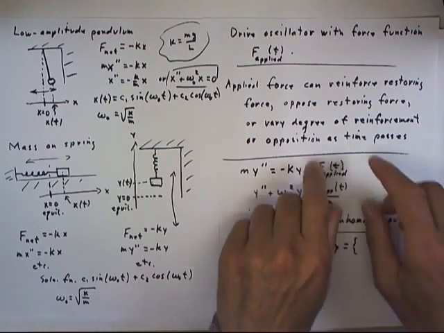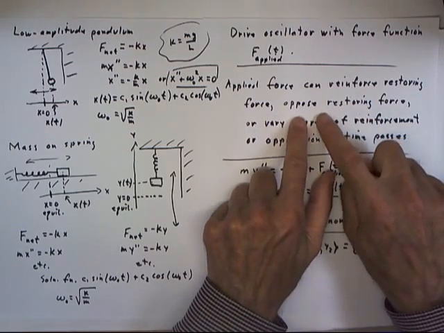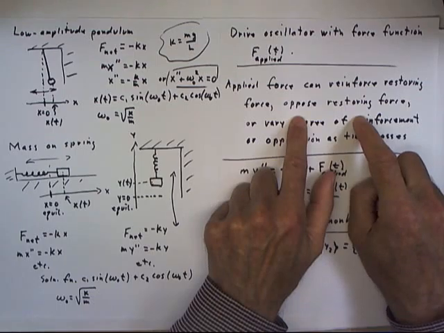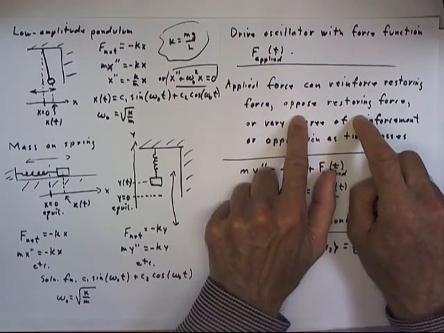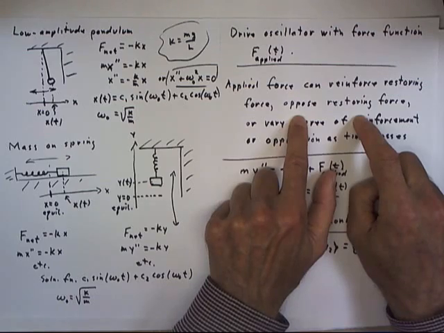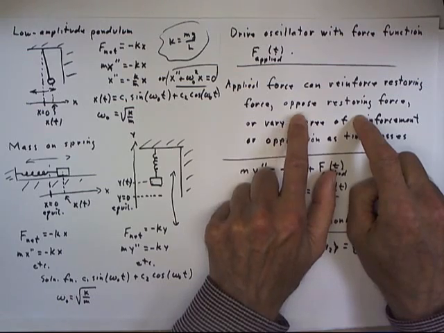So the applied force can reinforce our restoring force or it can oppose our restoring force. If we get out of sync in driving that swing, or whatever system it is we're trying to drive, we're not going to be very effective, and we could actually end up messing up the oscillation quite badly.